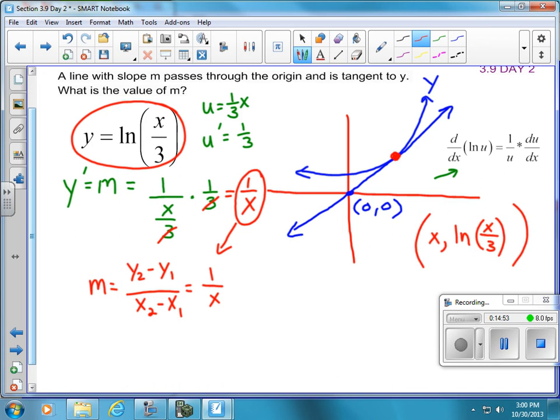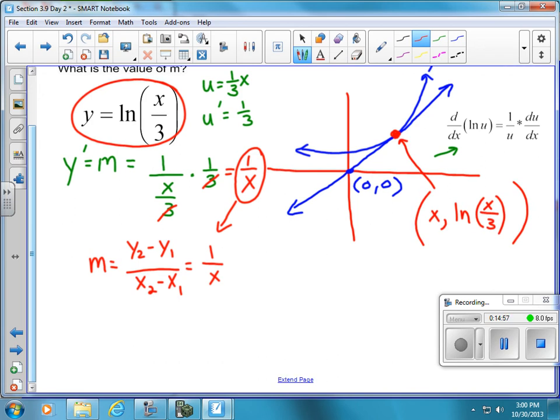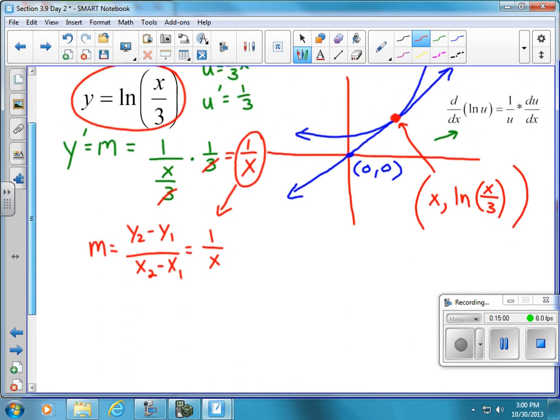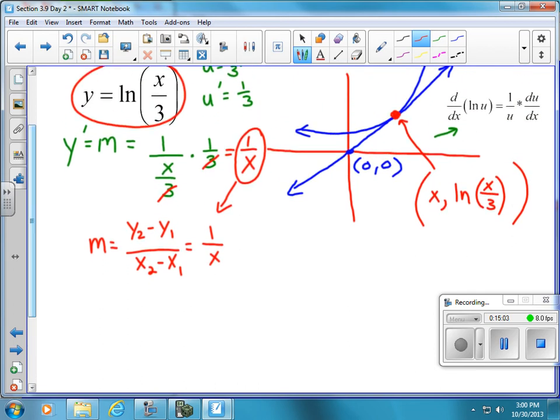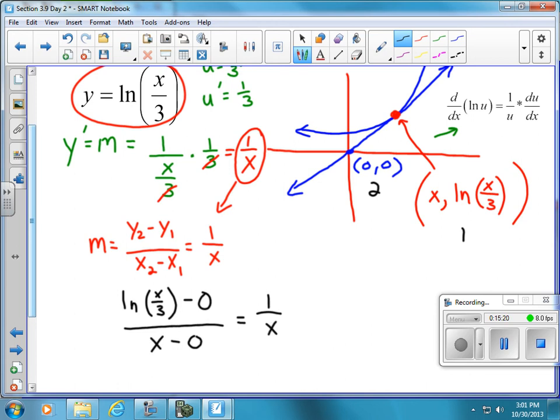So this is our point right here. We're going to plug that into our slope formula and calculate what x is, because that gets rid of all of our other variables. Isn't this trippy and cool? So we have the origin (0, 0) and this point, between which we're going to find the slope. So ln of x over 3 minus 0, over x minus 0, equals 1 over x.